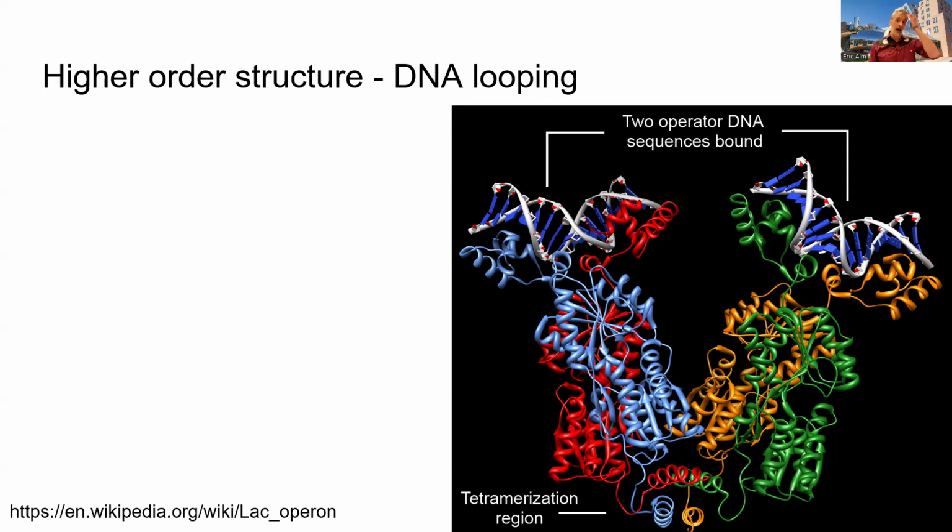In the lac operon, we can see it forming tetramers where it'll bind one operator site called O1, and then it'll bind a different operator site. Those two versions of the protein will be bound together. So we have these two palindromic sites that are near each other, and the 4 copies of the individual protein chain are binding these 2 copies of the DNA.